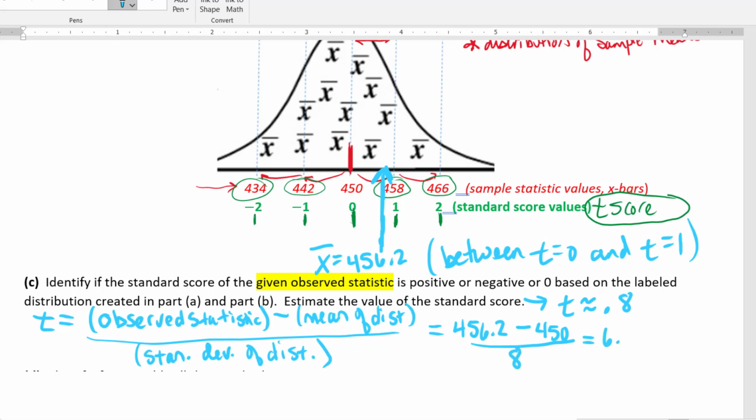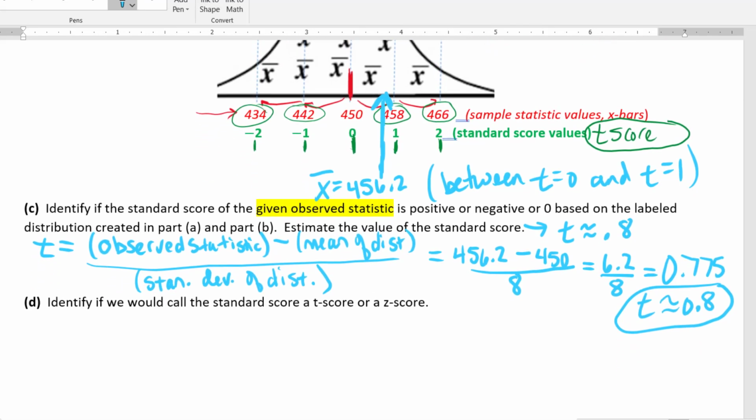The numerator is 6.2, and that's divided by 8. We get 0.775. So our t-score is 0.775, which again is approximately 0.8. So my estimate was pretty good. It's saying our observed statistic is 0.8 standard deviations above the mean of the distribution, above the population parameter.